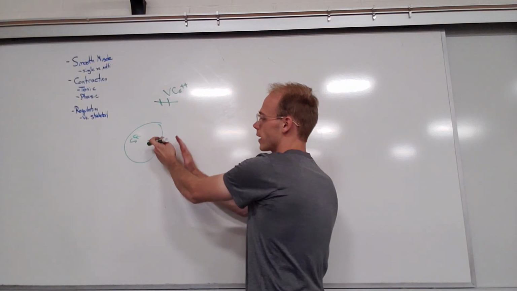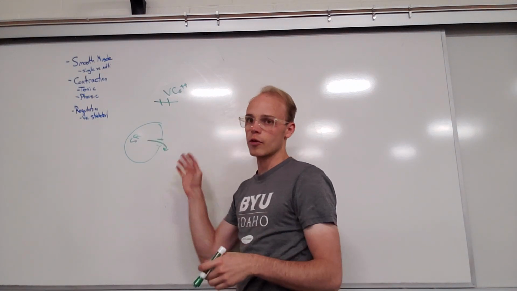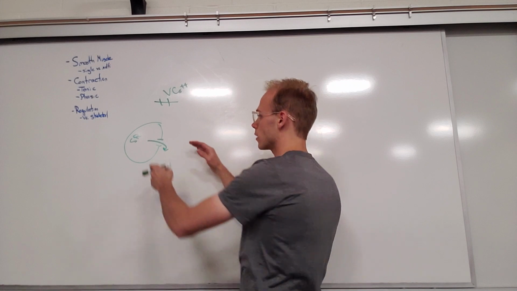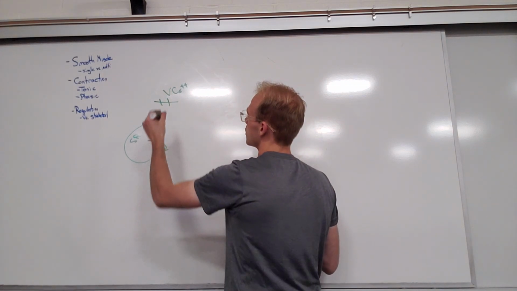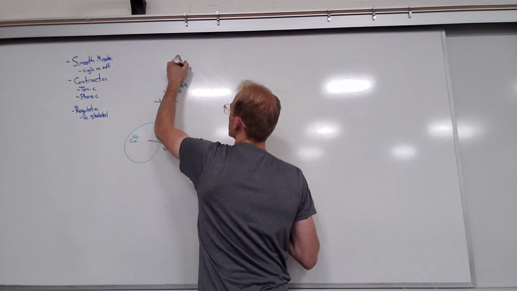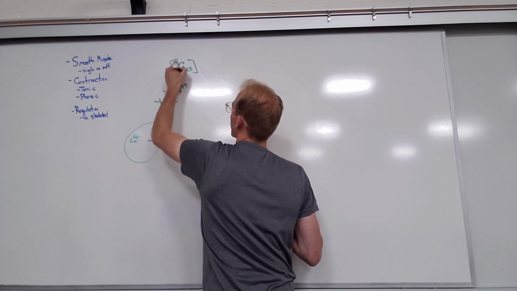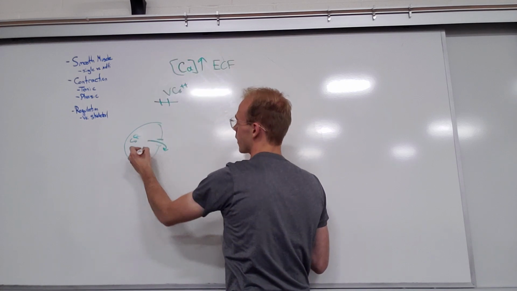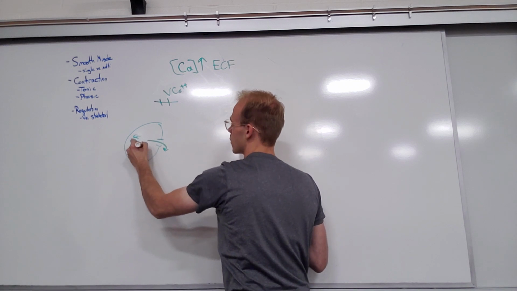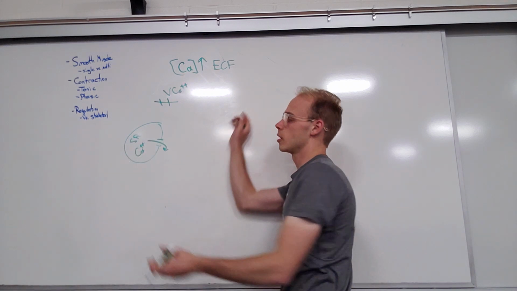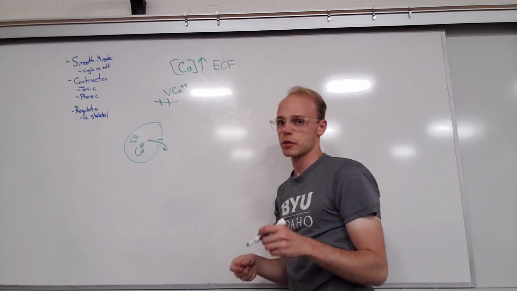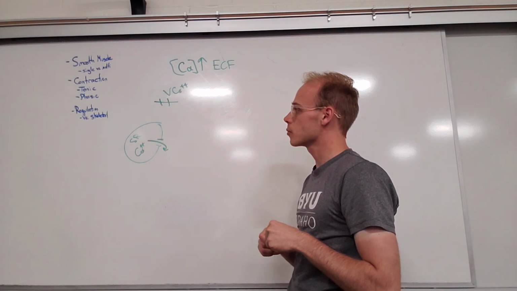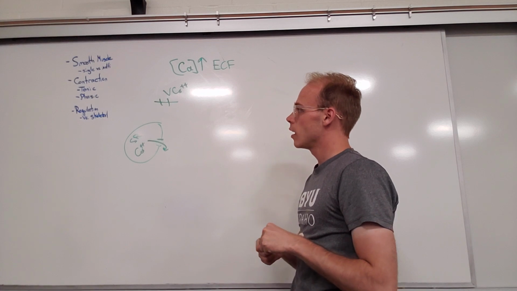But it's not connected like the two channels were in skeletal muscle. And so that allows smooth muscle to use the high concentration in the ECF and the high concentration of calcium inside the sarcoplasmic reticulum. So you flood the inside of the muscle cell. And that's how the regulation works versus skeletal muscle.